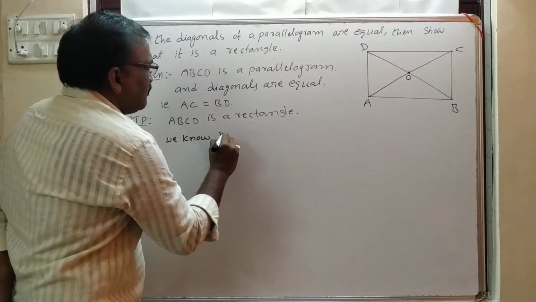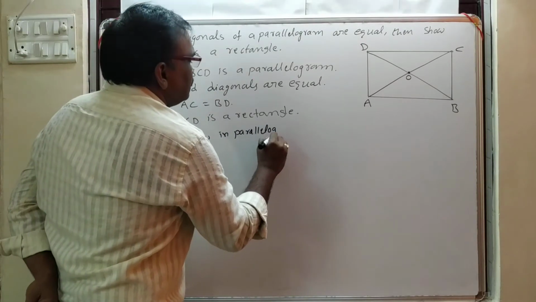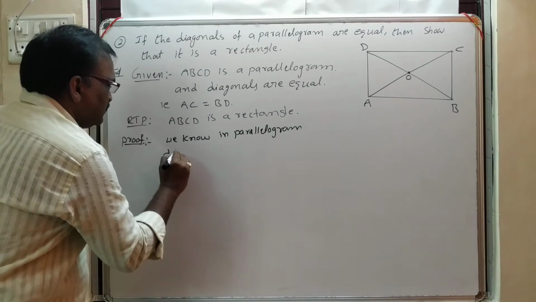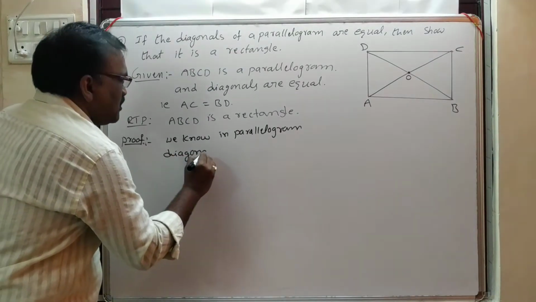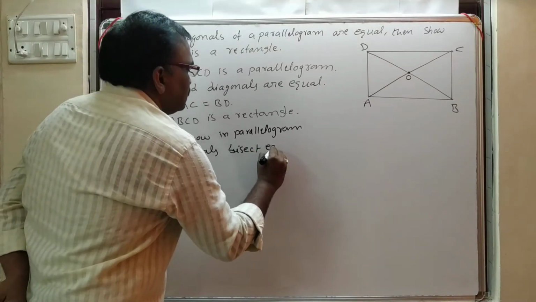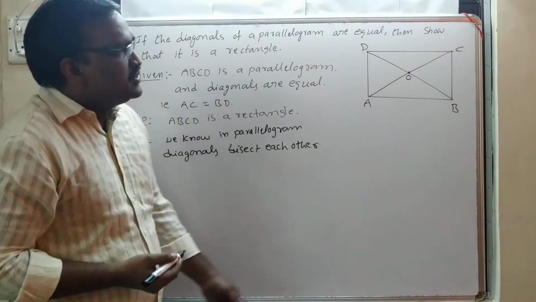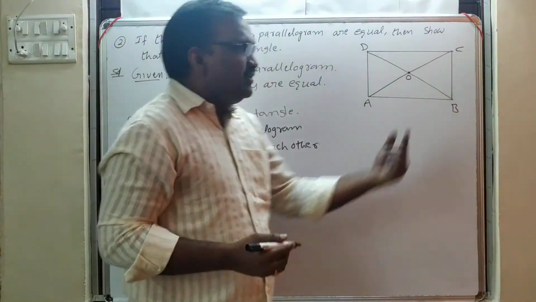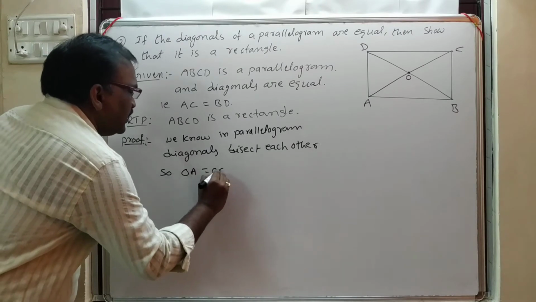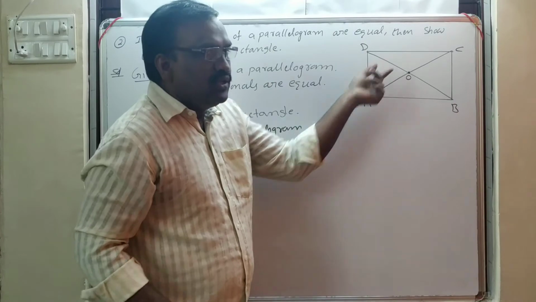We know in a parallelogram, diagonals bisect each other. So OA is equal to OC, and OB is equal to OD.